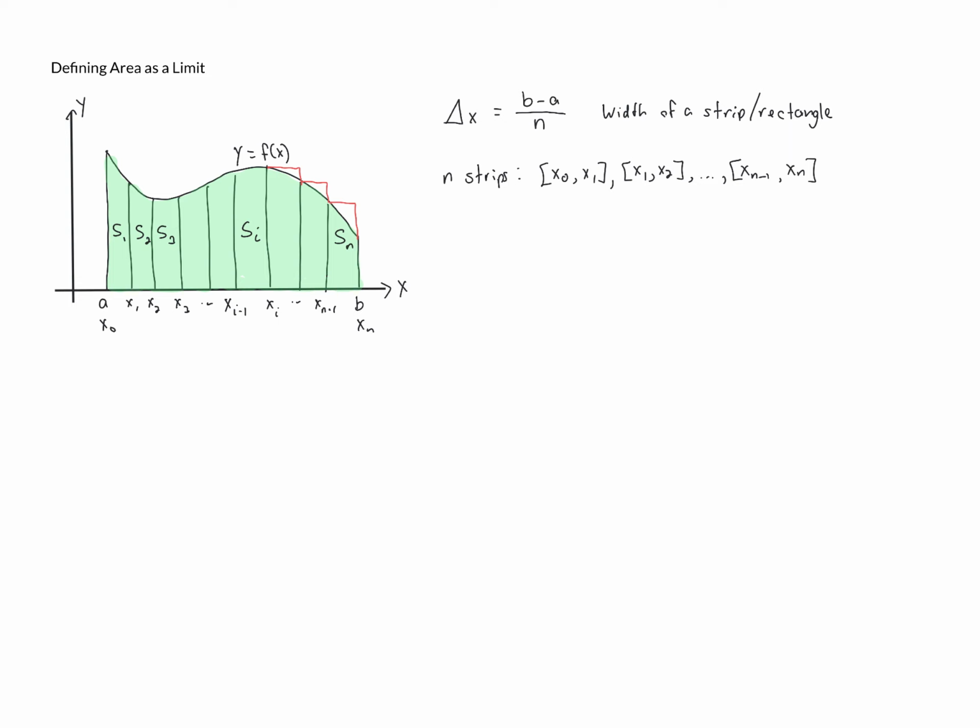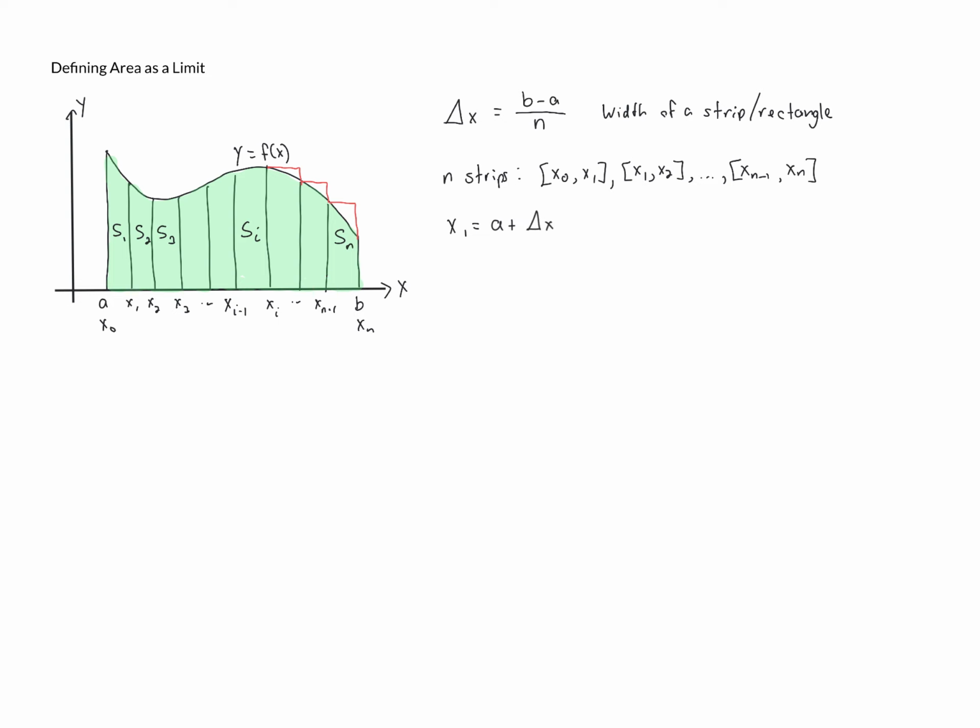And we can actually write out an expression for any of these points, x sub 1, x sub 2, x sub 3, etc. If you look at x sub 1 specifically, that is this one right here. Well, we start off with a, and then we've added the width of the strip. But remember, the width of the strip is delta x.